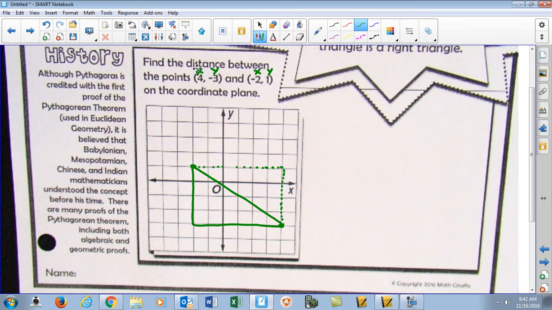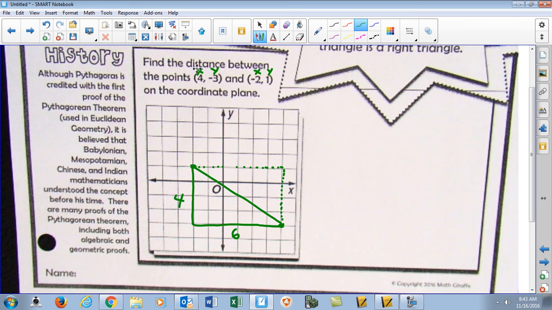This side here has a length of 1, 2, 3, 4. And this side has a length of 6. So I could use the two sides of this right triangle to find the length between those two points that we needed to find. With me on that? Whether I did it this way up here, this would just be 6, and this would be 4.